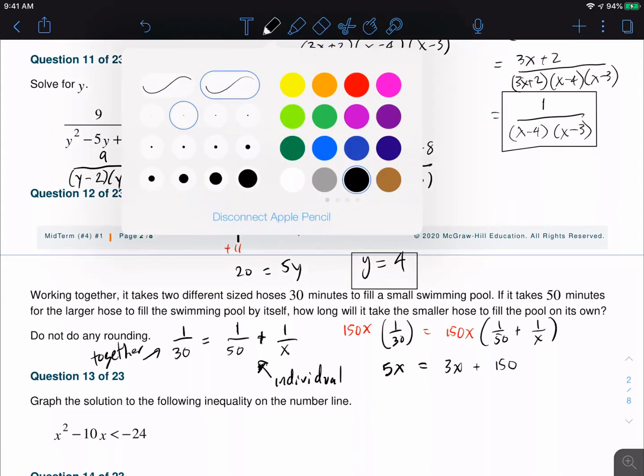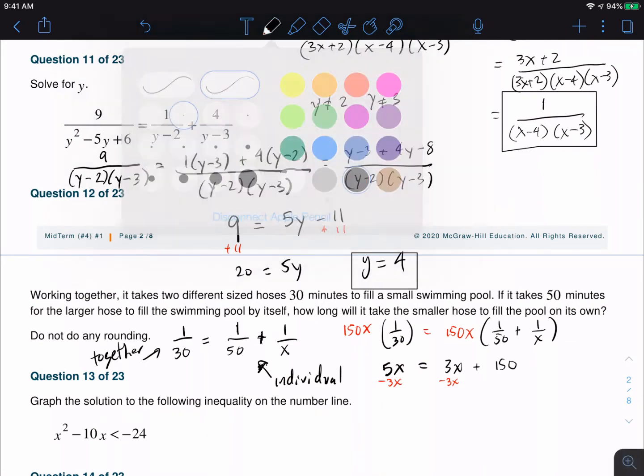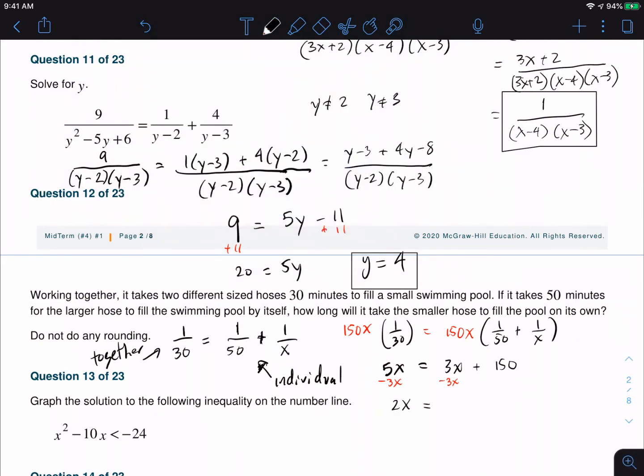So then subtracting 3x from both sides, what I'm going to get is 2x is equal to 150, so x will be equal to 75. So it should take the small hose 75 minutes to fill the pool on its own.